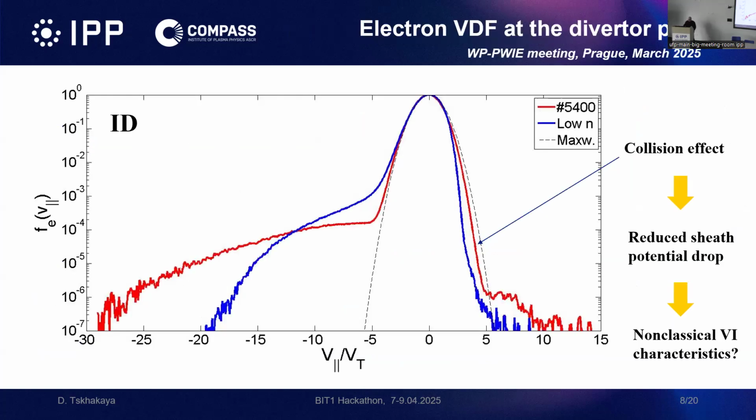These are the distribution functions of electrons at the divertor plate, showing high-density and low-density cases in our next machine, COMPASS Upgrade. These were presented recently at one work package meeting.